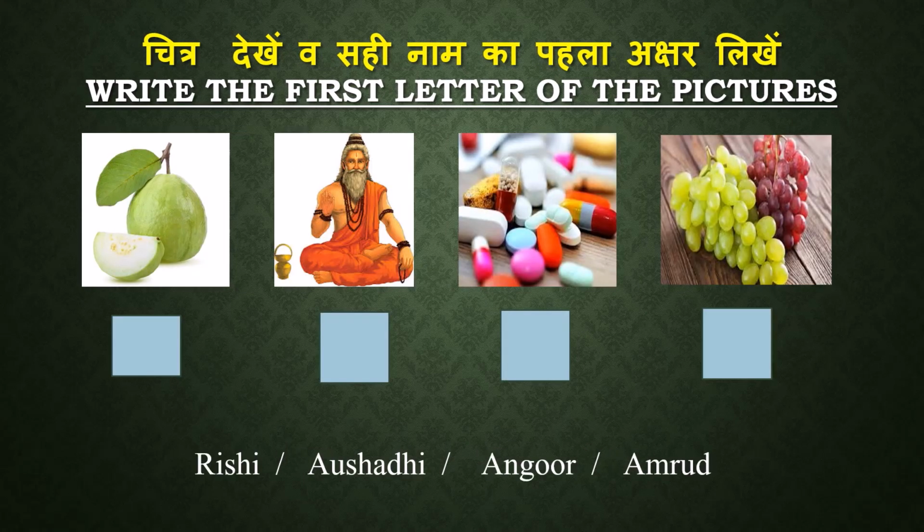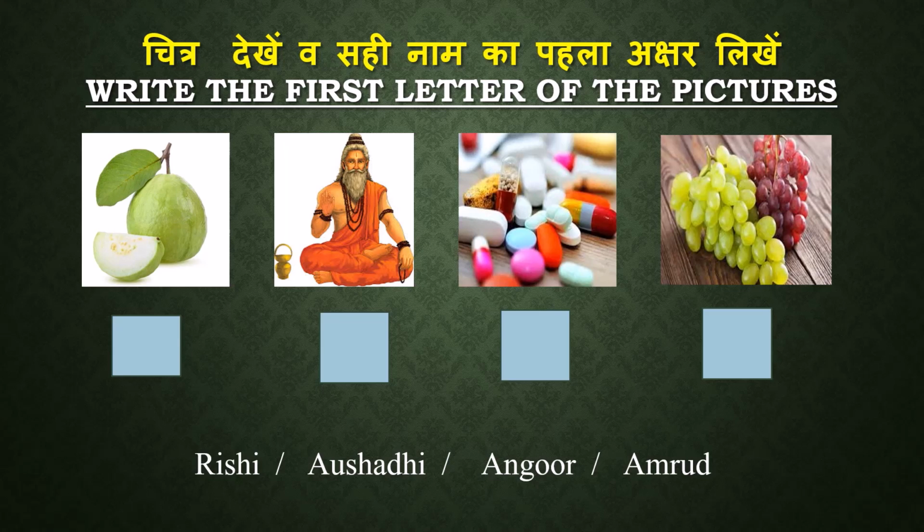Again, four different pictures. And the activity is the same. You have to write the first letter of the Hindi names of the pictures. You remember the Hindi names? Let's begin. First picture is of a guava. Guava in Hindi is known as amrud.